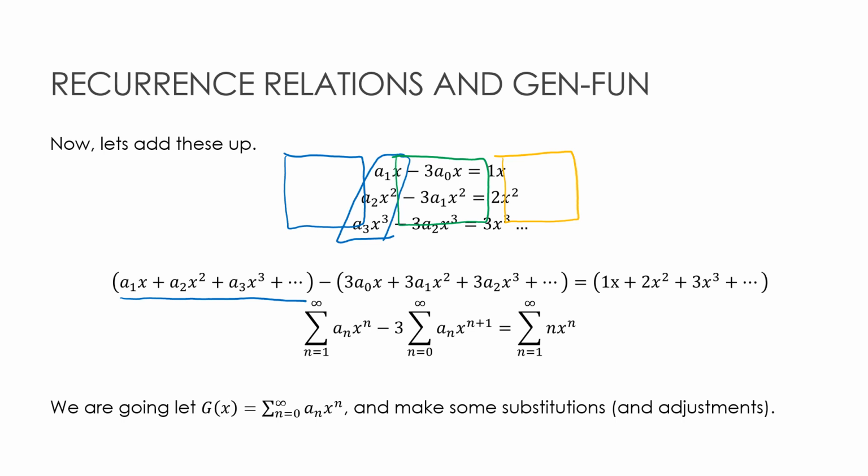And I can further simplify that series to make it look like this: essentially the summation as n goes from 1 to infinity of a sub n x to the n. And again, you can see that that pattern fits.